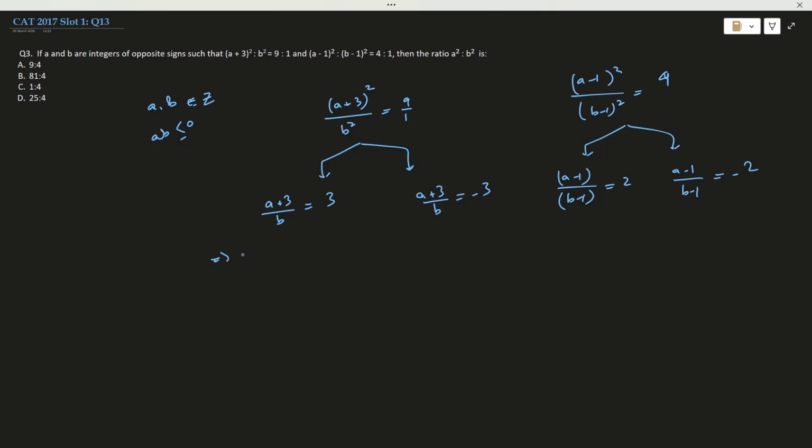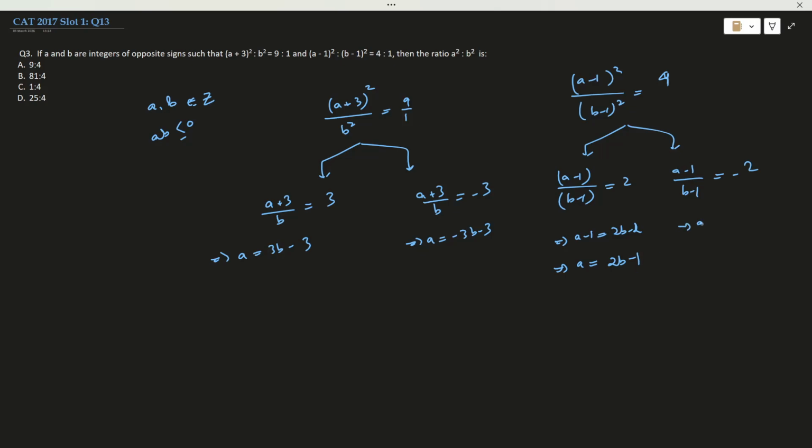From here I can say a is equal to 3b minus 3. From here I can say a is equal to minus of (3b minus 3). From here I can say a minus 1 is equal to 2b minus 2, so I can say a is equal to 2b minus 1.